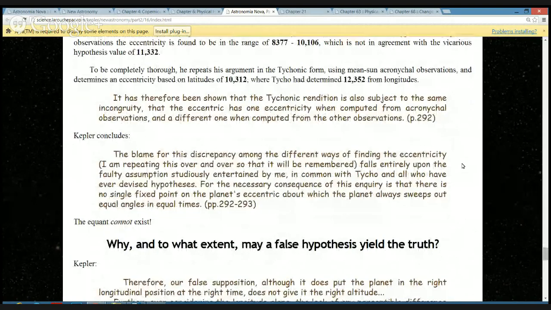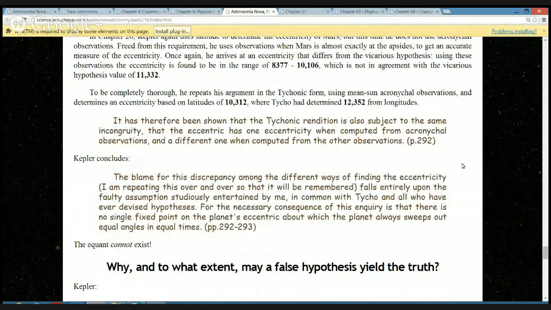What this means is, he says, let me read this quote here, which he concludes with that second brownish quote there.